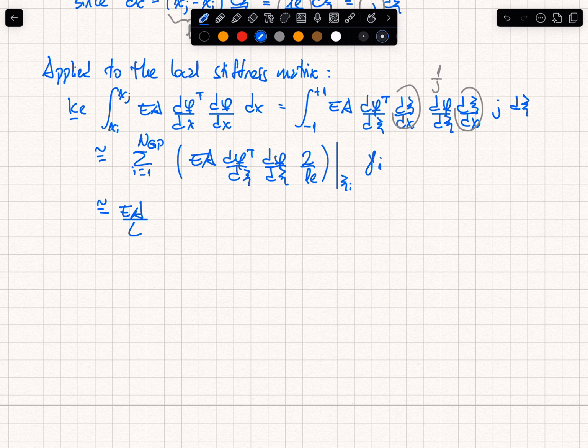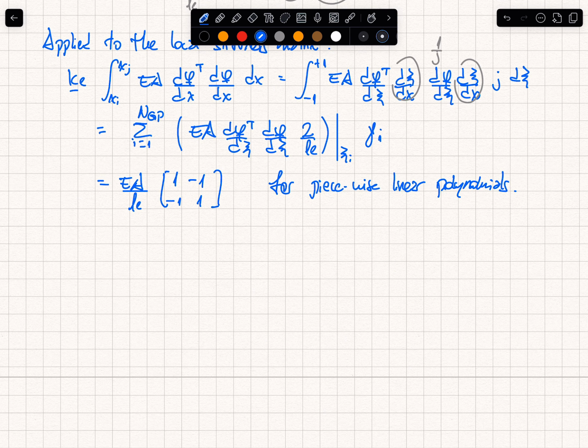Actually, for this particular case it is exactly equal, because EA is going to be constant, so we're still integrating polynomials. Then we have our famous matrix 1, -1, -1, 1 for piecewise linear polynomials.